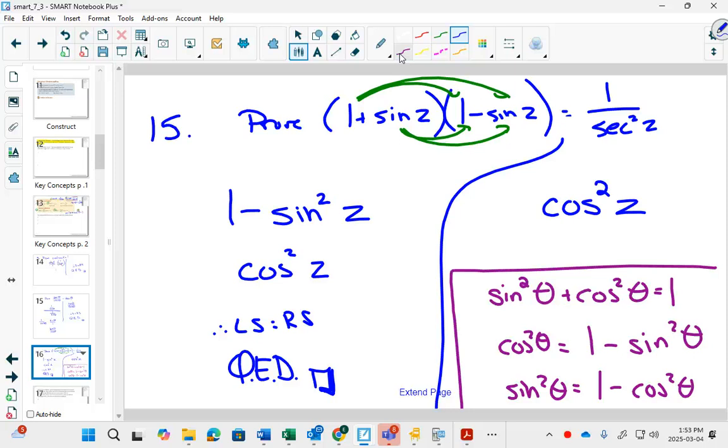The only thing you're allowed to do is if you have something like sine squared plus cos squared equals 1, I can change that to these in one mental math step. But I wouldn't be allowed to do this. Here, I'll write it in red. Is the following true? Yes or no? Is negative cos squared equal to sine squared theta minus 1?